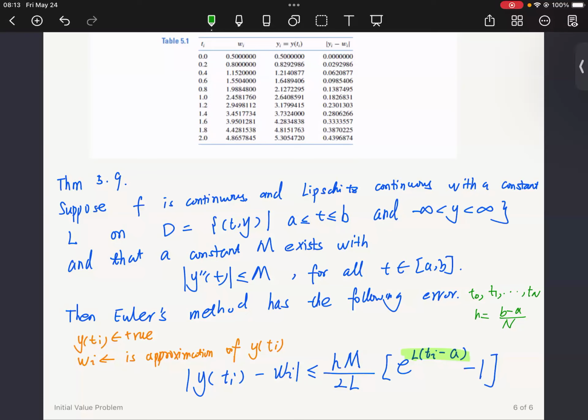So here we observe that the error is becoming bigger and bigger when the time increases. But here we also have the theorem and proof, showing what we observed before.